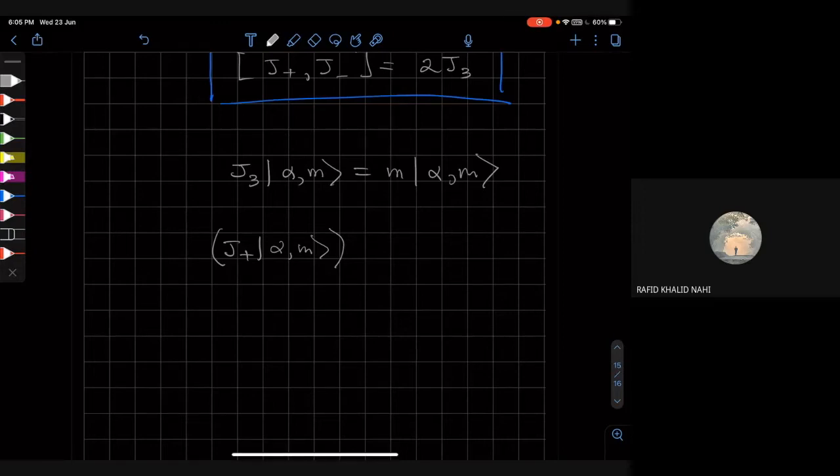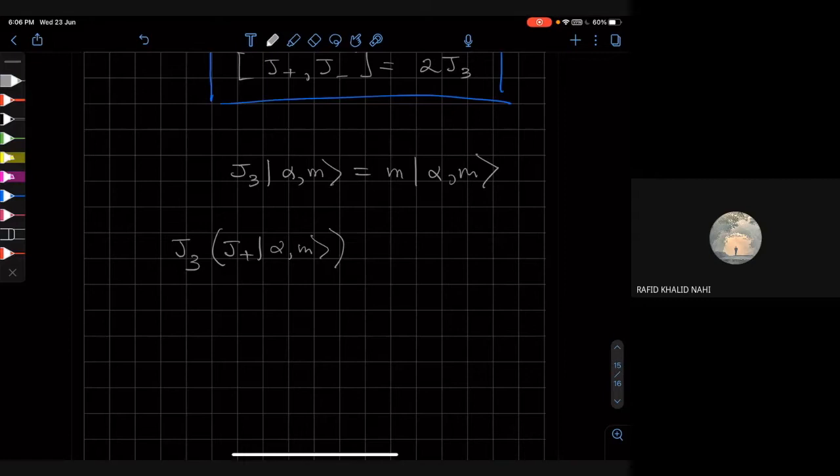The J squared eigenvalue is not going to be different, because we know that J plus and J minus, which go into making J plus, commute with J squared, so that is not going to change. But J plus does not commute with J3, so something interesting is going to happen. So we are interested in finding the J3 eigenvalue of this state.